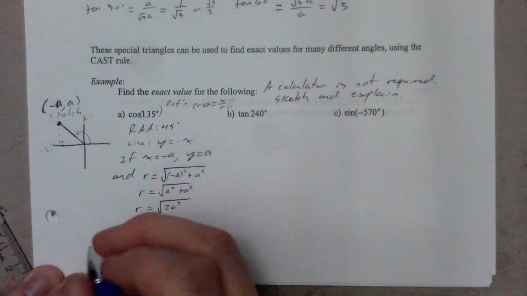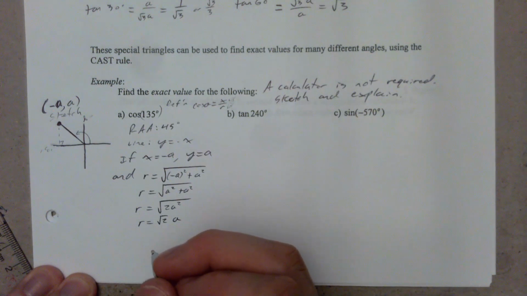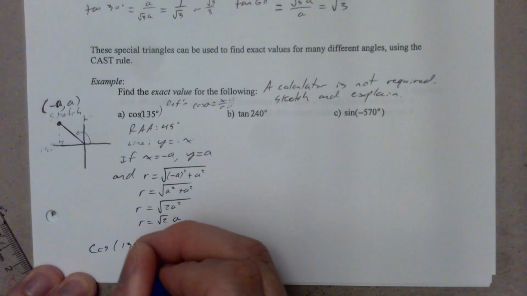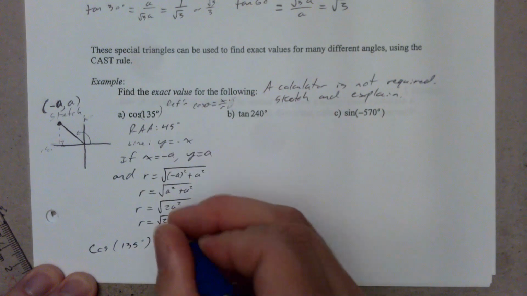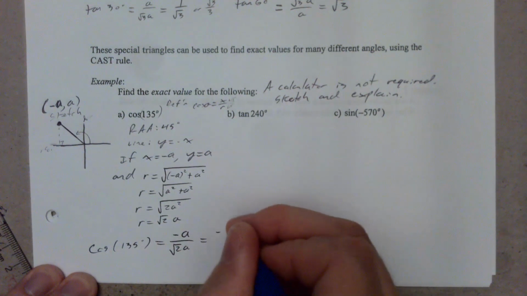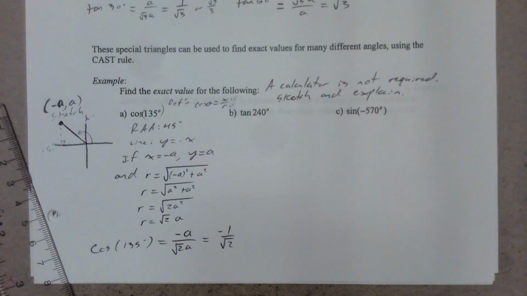That's what's really important here, is that we're not measuring lengths. We're measuring the ratio. So we're ready to conclude that the cosine of 135 degrees is going to be the ratio of the x value. If x is -a, then my r value is root 2a. And there I've shown, without memorizing and without touching my calculator, that the cosine of 135 degrees is exactly -1 over root 2.